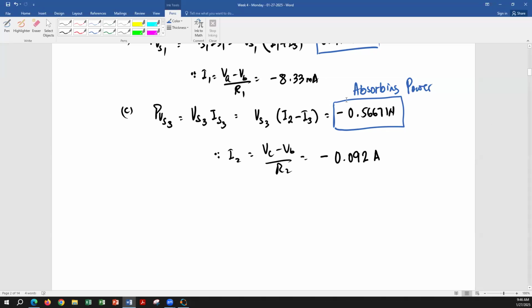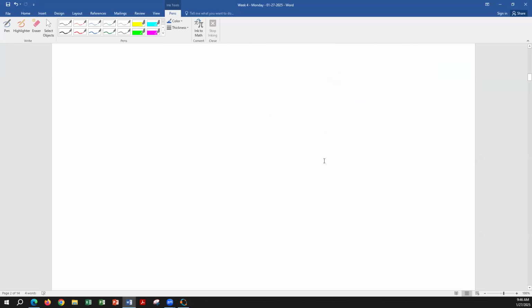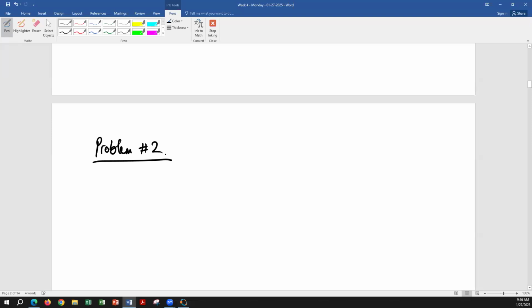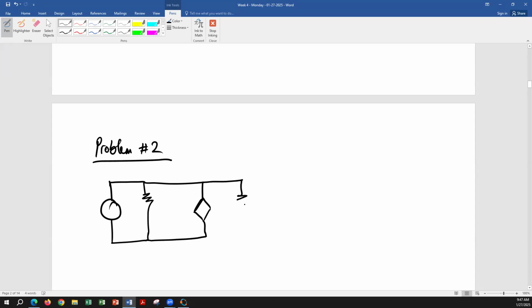Okay, let's solve this problem real quick. Let's go to the new page. Picking up this problem from the book, old edition, but it's still from the book.